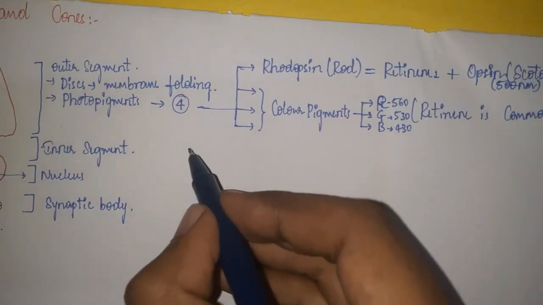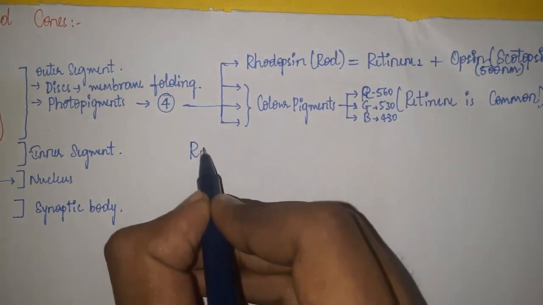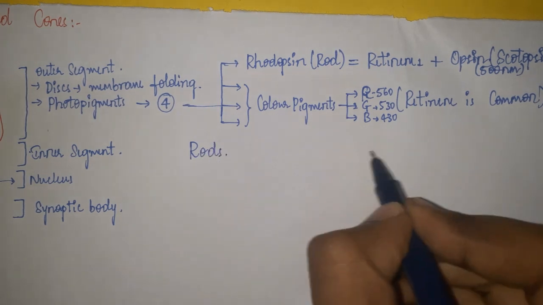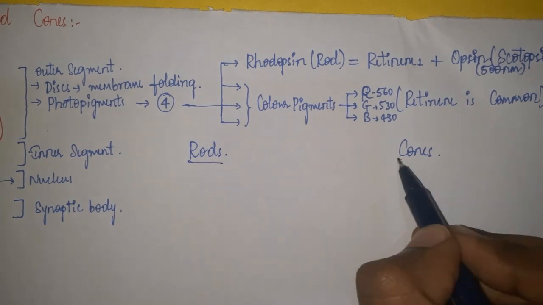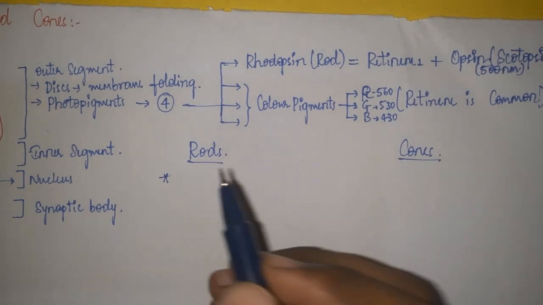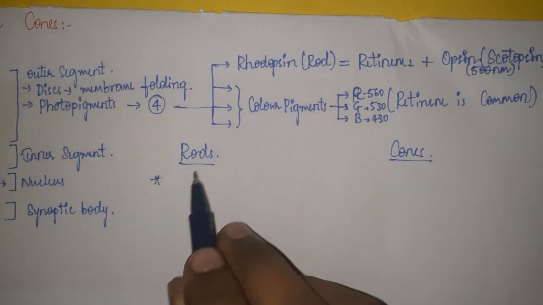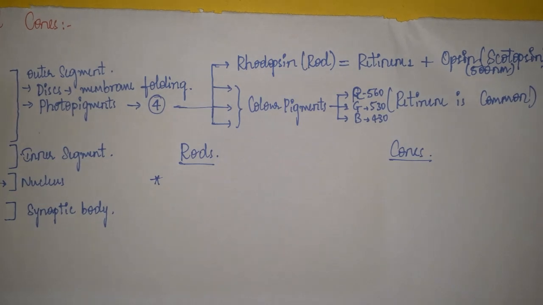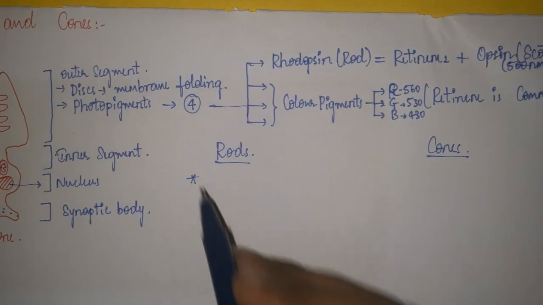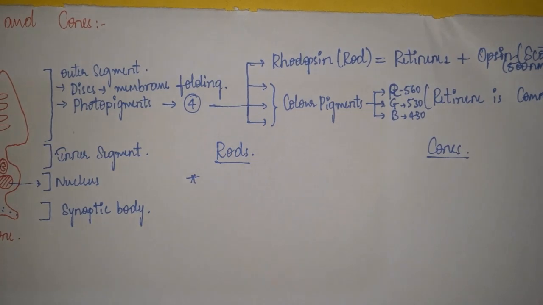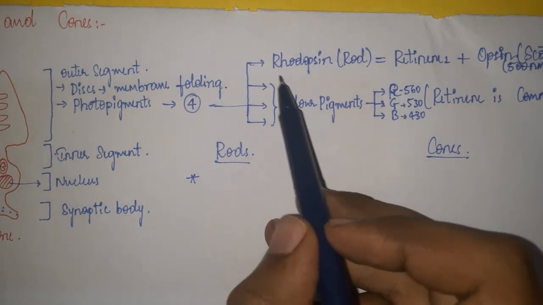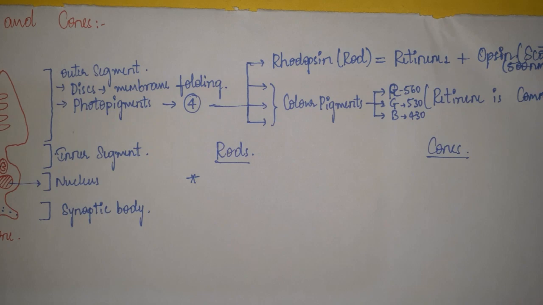See here, rods, cones, differentiation, so that you will understand better. First difference: rods are active in dark and dim light. Remember this. You may think that since rods are active in dark, the pigment rhodopsin is sensitive to dark.